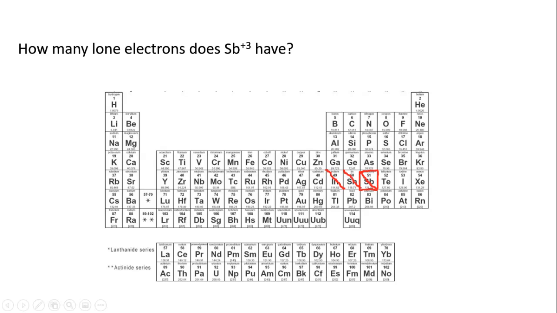Well, again, the preceding noble gas is krypton. So for antimony 3 plus, we start with krypton. And then we have a completely filled s orbital, which is the 5s, because there's 2 right there.